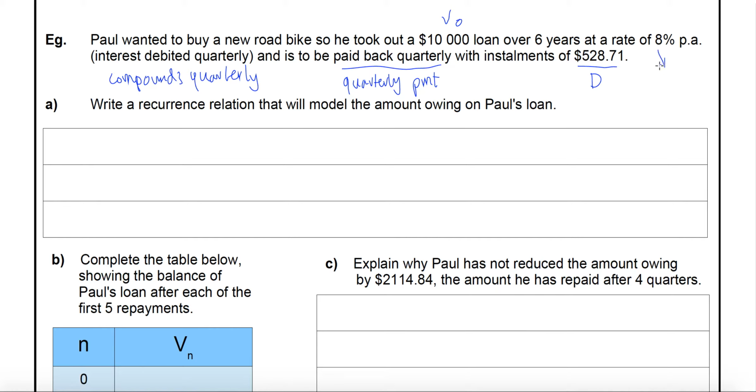Now, just before we continue, our rate here is at 8% per annum. Because it's compounding quarterly, we of course need to make sure we remember to divide that by 4, because we've actually got 2% per quarter that we're being charged in interest.